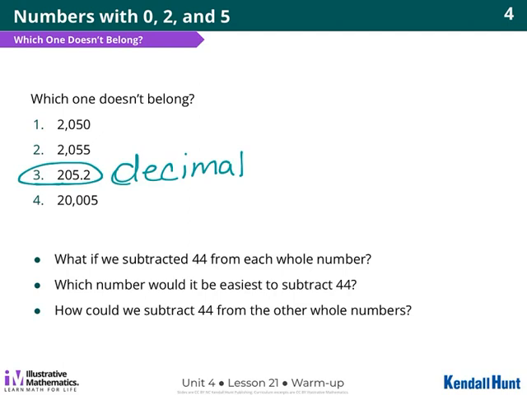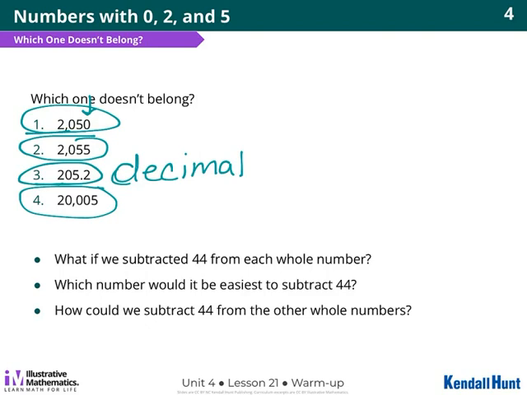Delaney, what do you think? I think A, because of A, B, and D, in A, the ones place doesn't end with a 5. Okay, so maybe it's A because it doesn't end with a 5.